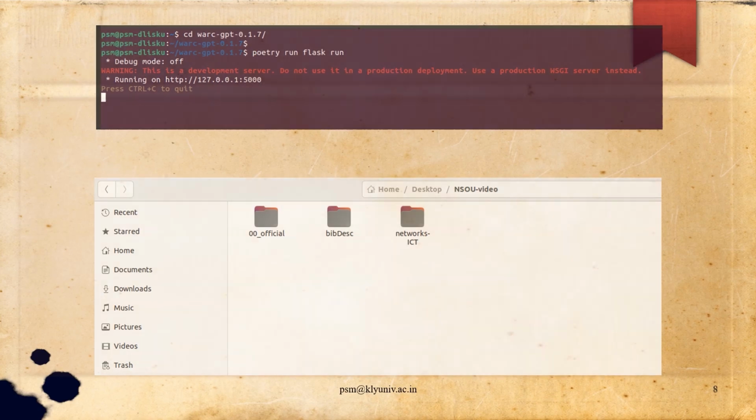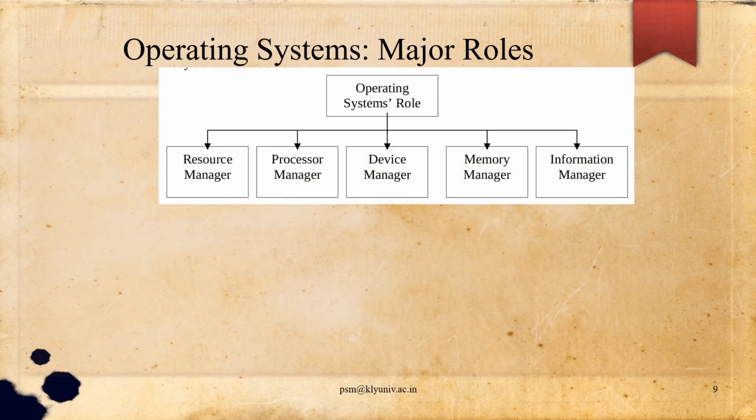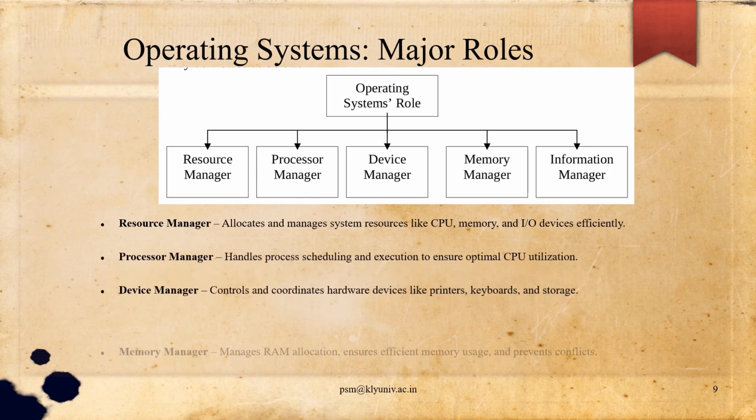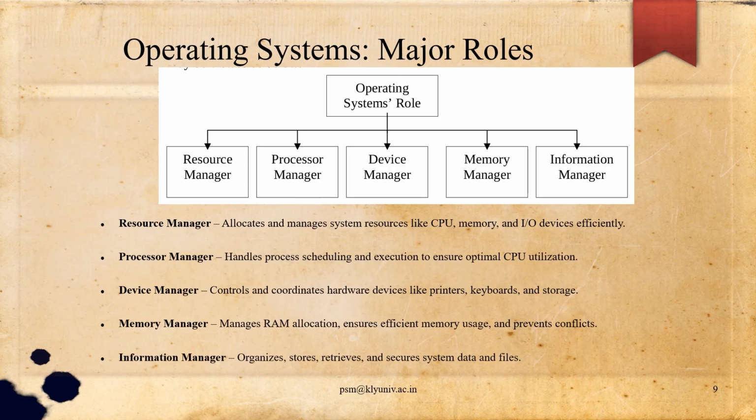Now you can see that the operating system performs many jobs inside your system, many jobs at the same time, in parallel. But if you go through the major roles of an operating system of any kind, there are only five. So the computer operating system works as a resource manager. It is basically the manager of your computer system.